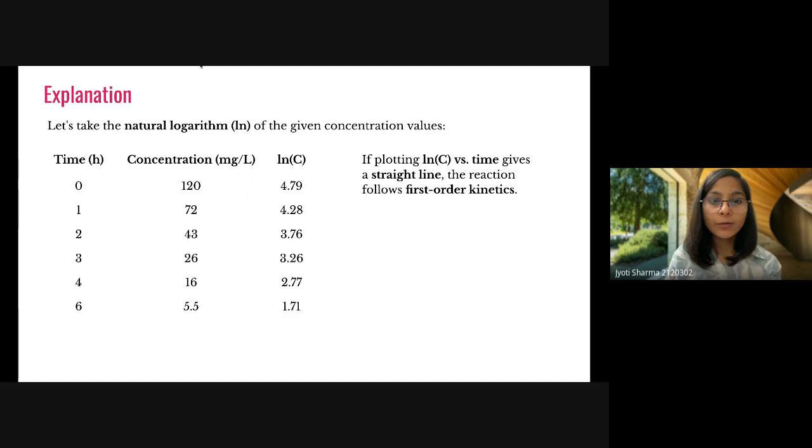First, we had time and concentration, then we calculated the natural log of the concentration, and when we plotted the natural log of C versus T, that gave us the straight line. So from that we are confirmed that this is first order kinetics.